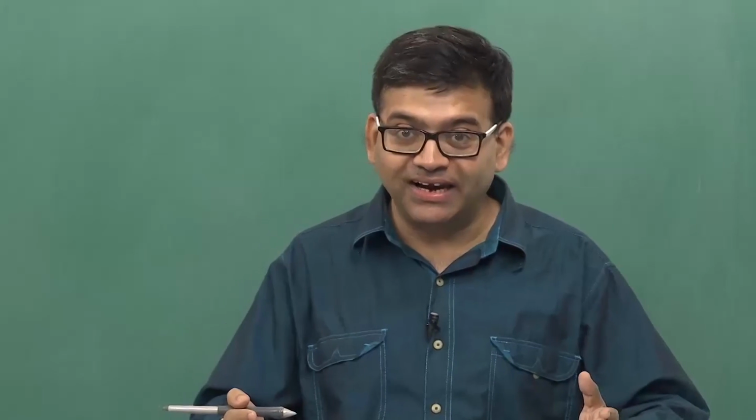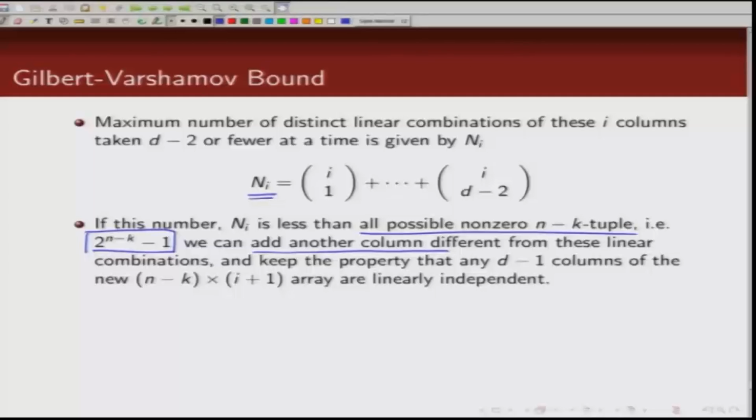In other words, they are linearly independent. So, if we can ensure that this number N_i is less than 2^(n minus k) minus 1, then we can add another (n minus k)-column which would be different from any linear combinations counted here. And this will keep the property that any d minus 1 columns of this newly constructed H matrix, where we are adding this column, would not add up to 0.